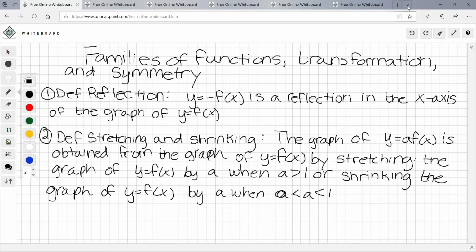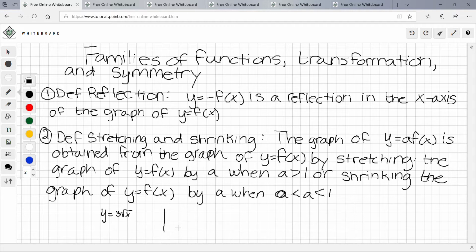Okay, so all this means is, when you have a function like 3 times the square root of x, it's being stretched by a factor of 3, right?